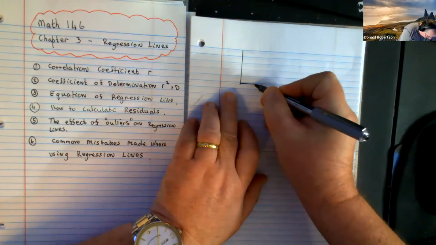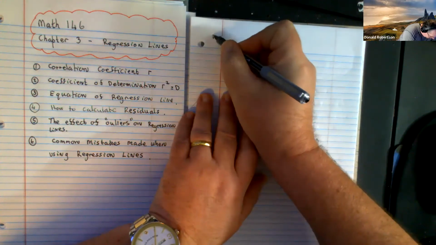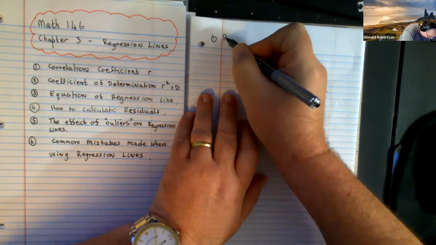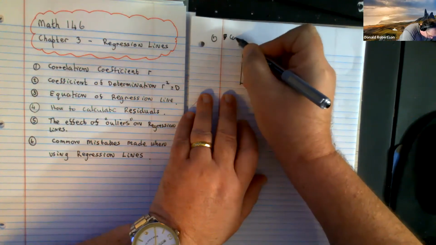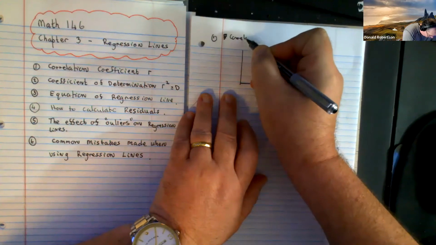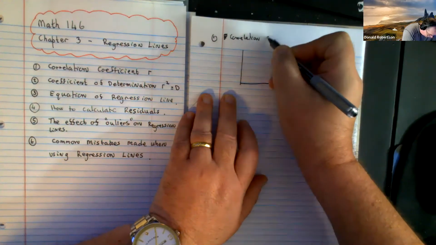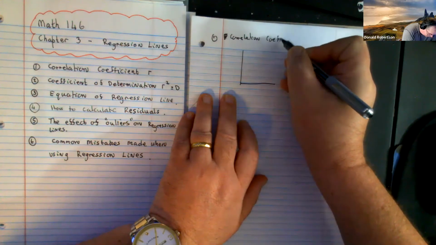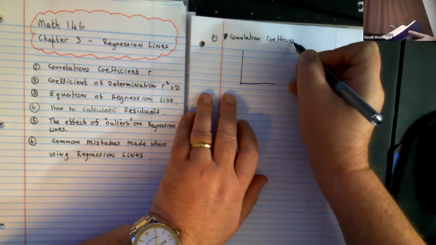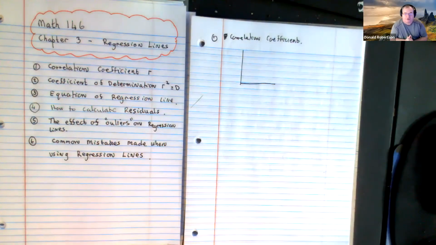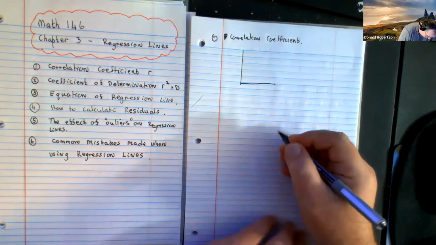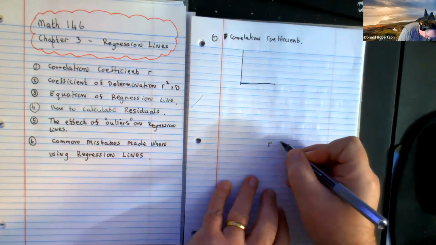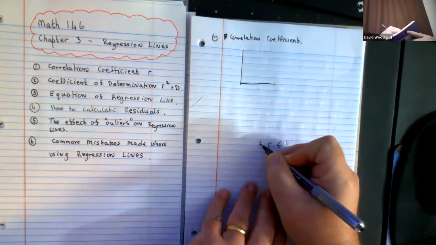Let's start with my first one. These correlation coefficients. Now, correlation coefficient is a number, and it's going to be a number between 1 and -1.